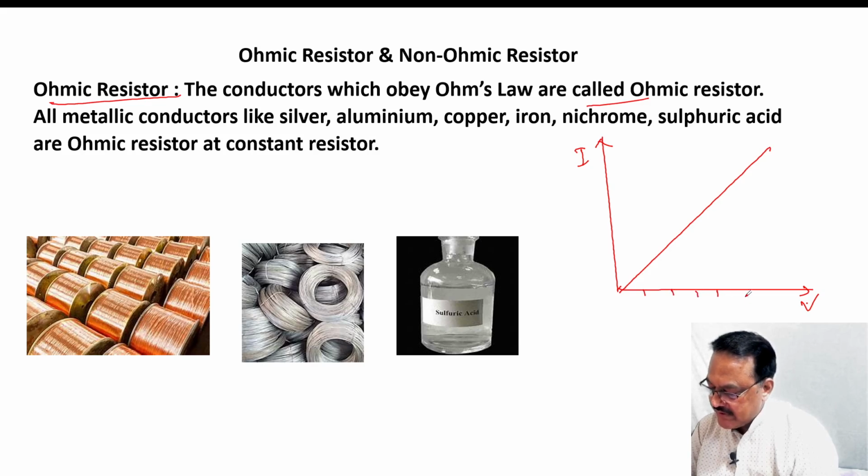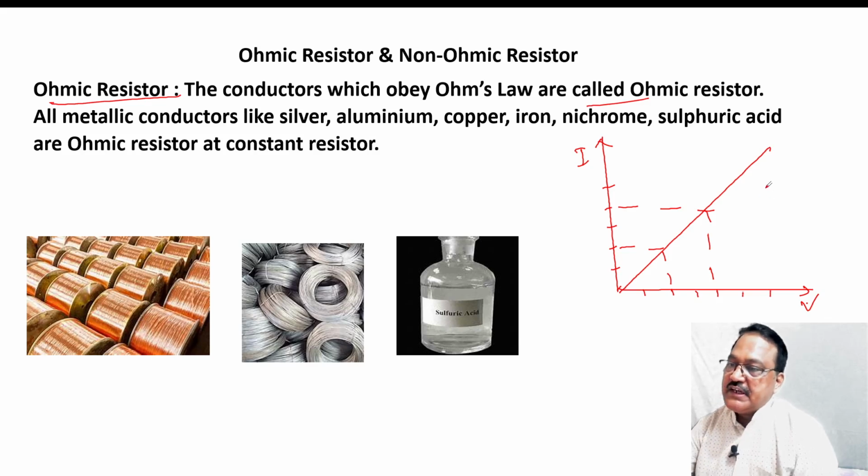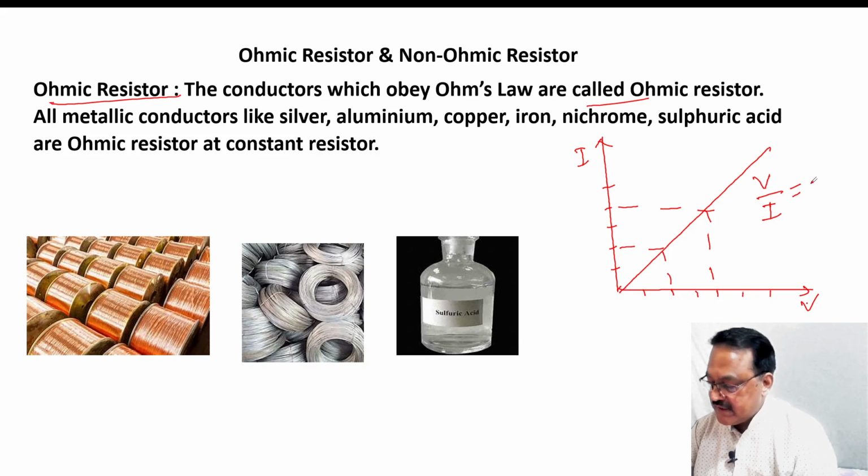We can divide this voltage similarly on the current line also. We can see when the voltage is increasing, the current is also increasing in the same ratio. So the ratio of V and I will be always equal, always the same, and that is the value of resistance.